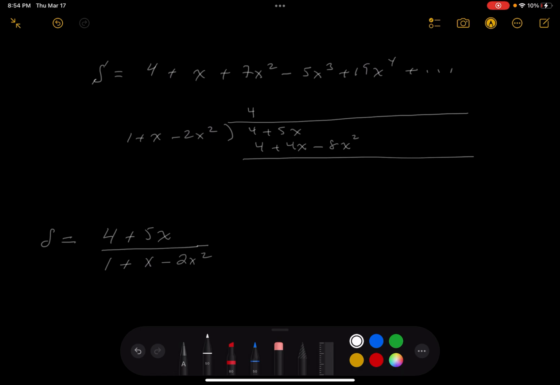And we're going to subtract. You're going to get x plus 8x squared. I got to get x. What do I do? Plus x. What does that give you? x plus x squared minus 2x cubed. Subtract. What do you get? 7x squared plus 2x cubed.